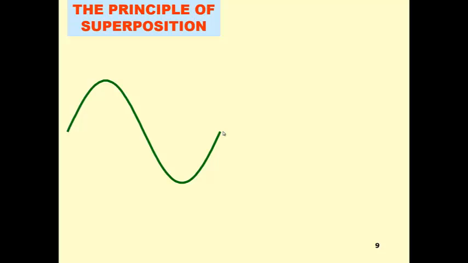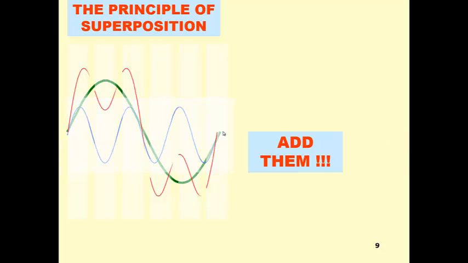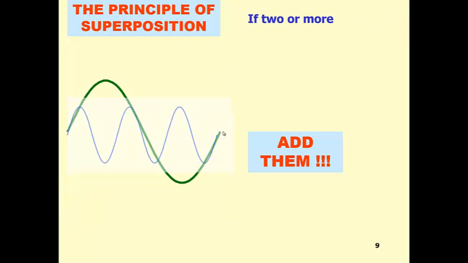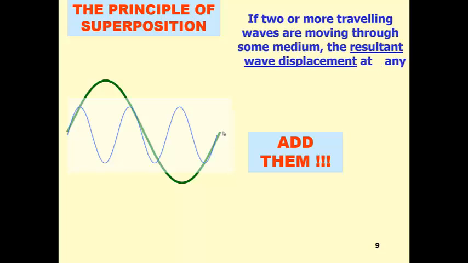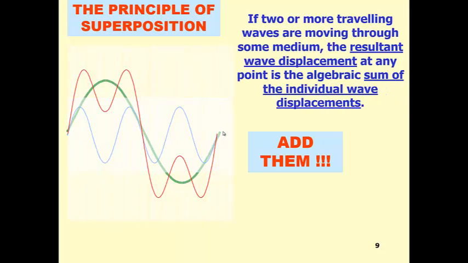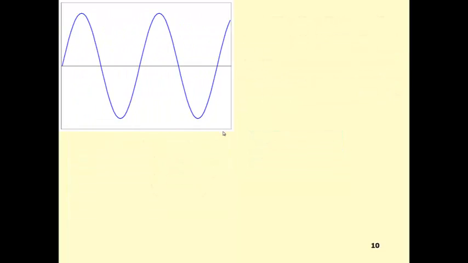So the principle of superposition is basically that you can take any two waves and add them up, and you'll get a resulting wave. So if two or more of these waves are moving through a medium, then the resulting wave displacement at any point is the algebraic sum of the individual displacements. So that's the principle of superposition.